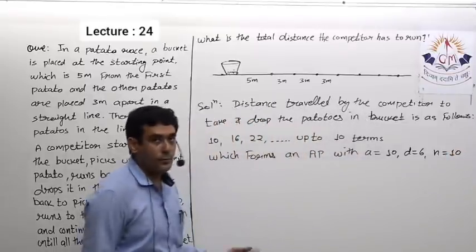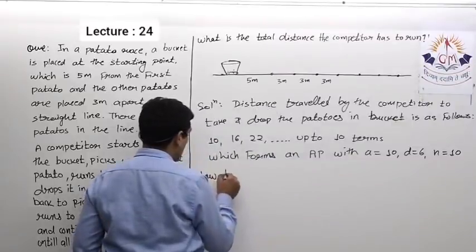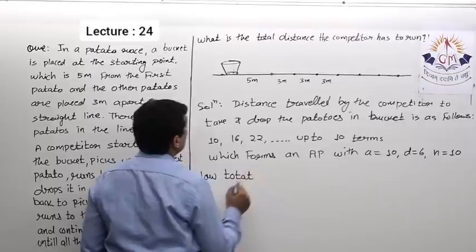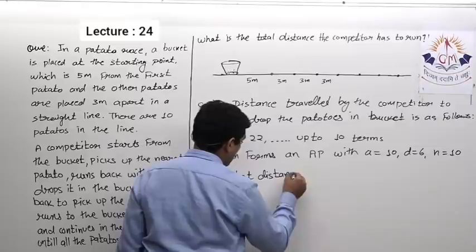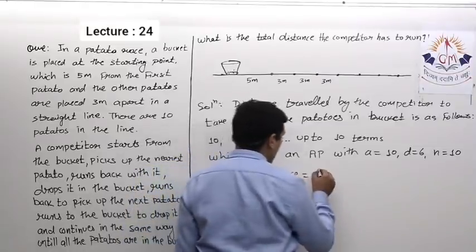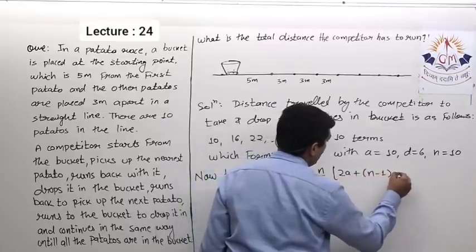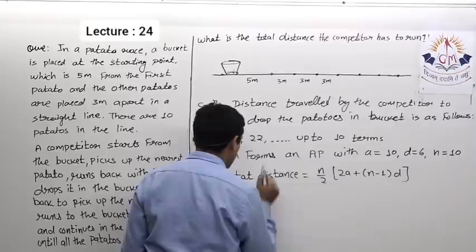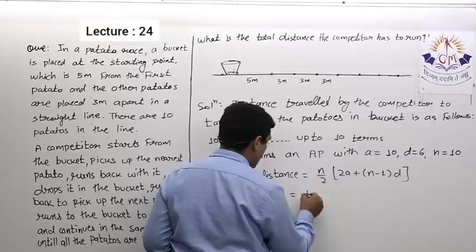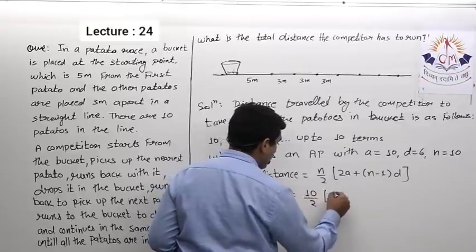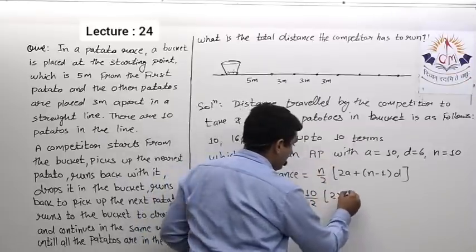So now it's very easy to find the total distance. So now total distance is given by n by 2 into 2a plus n minus 1 into d. Therefore now total distance I am taking as S. How much is n? n is 10. 10 by 2, 2 into a. What is a? a is 10.